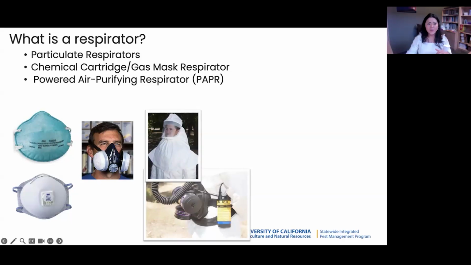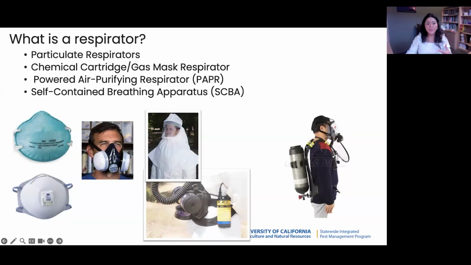We also have powered air-purifying respirators, and these are typically used in settings where the air is so contaminated or so toxic that the person can't wear just a regular particulate respirator. They're going to have access to a more intricate example, such as the one we see here, like the self-contained breathing apparatus, which I think is typically used by firemen in some instances.